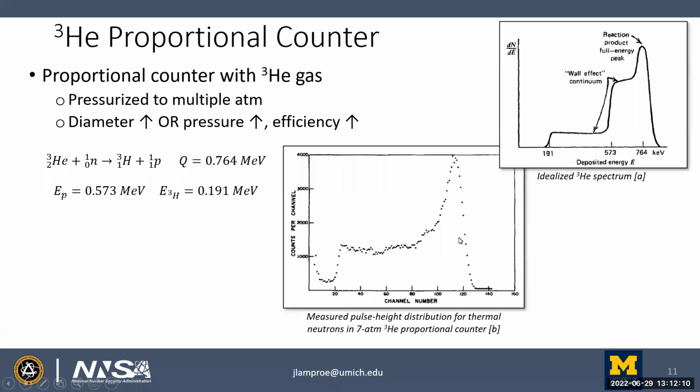So in a perfect world, you would only see one hump over here, but because of wall effects, we get these lumpy starts where we're only seeing part of one of the particles. And again, a higher diameter, but with the same pressure, you're going to minimize wall effects. And then additionally, a higher pressure just means more gas for you to interact with, and so higher efficiency.